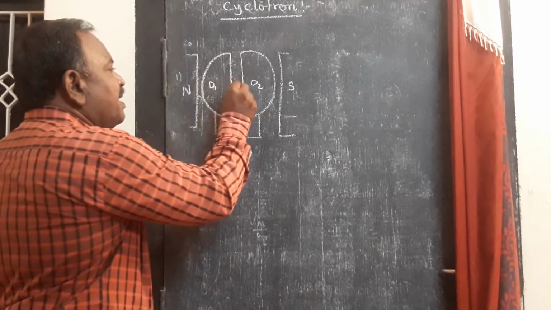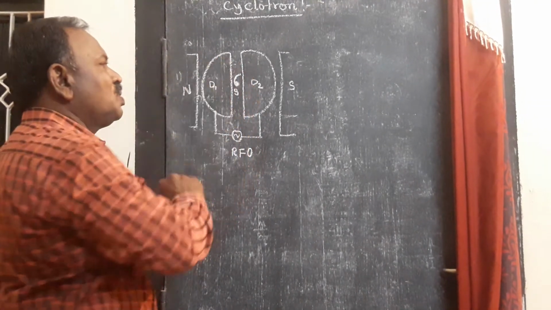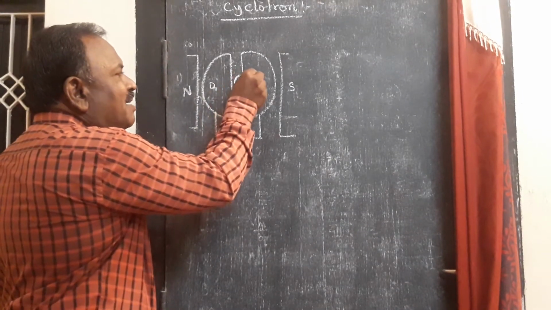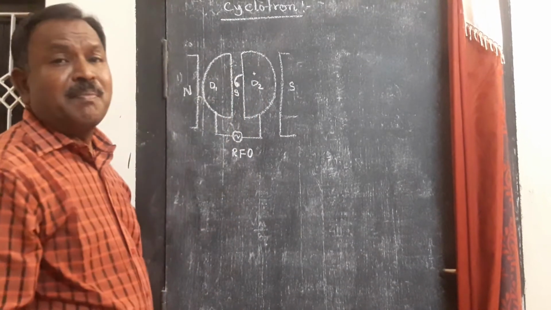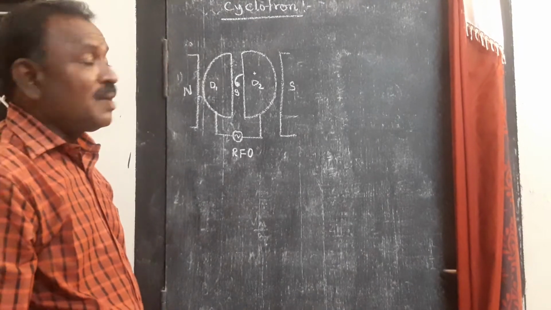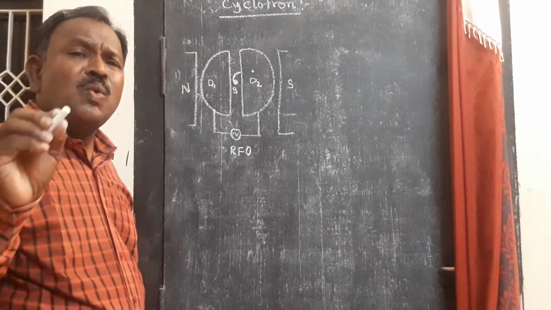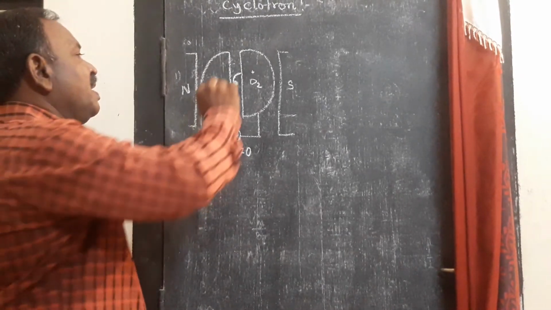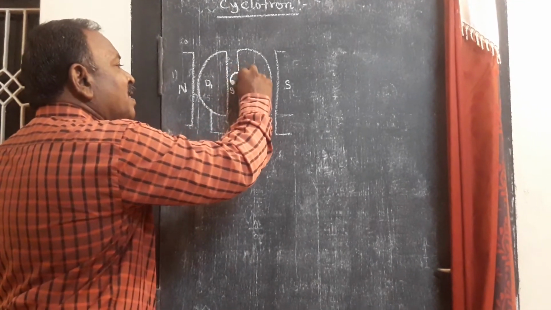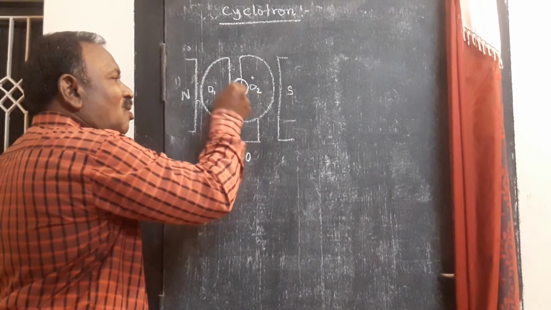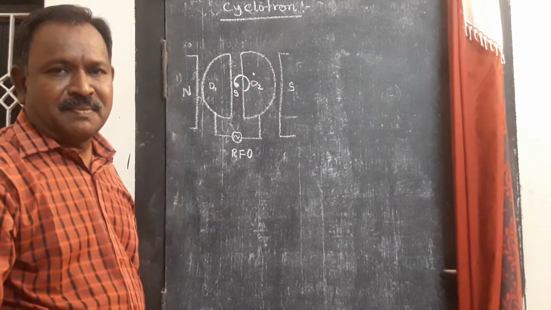When the alpha particle emerges from the source, it will be attracted by the D which has negative polarity. Since this charged particle moves in a uniform magnetic field, it will follow a circular path like this.